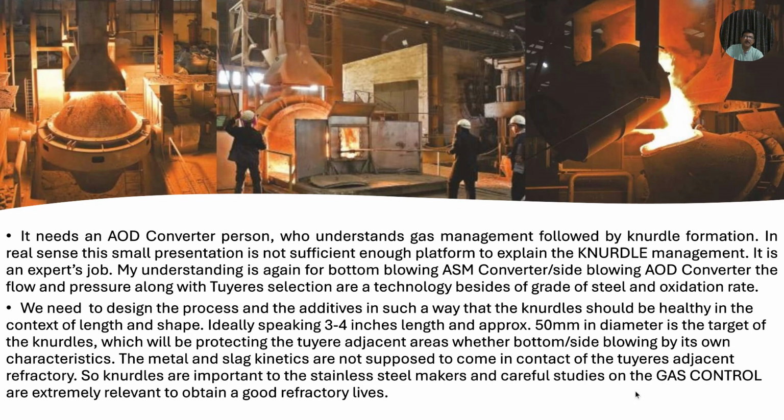Ideally speaking, 3 to 4 inches length and approximately 50 mm in diameter is the target for the nozzles, which will protect the tuyere's adjacent areas, whether bottom or side blowing, by their own characteristics. The metal and slag kinetics are not supposed to come in contact with the tuyere's adjacent refractory. So nozzles are important to stainless steel makers, and careful studies on gas control are extremely relevant to obtain good refractory lives.